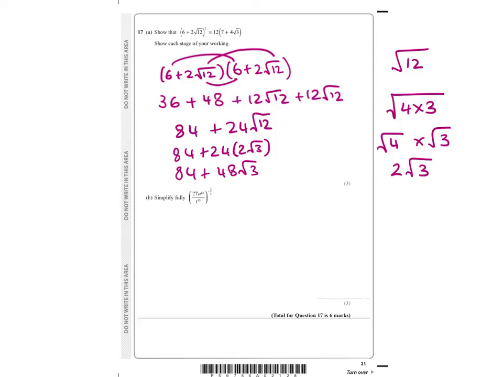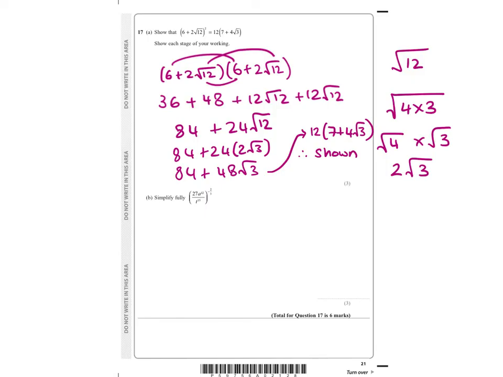Now in the question it says we need to take out a factor of 12. If I take 12 out, I get 7 plus 4 root 3, which is correct. Therefore, shown. It's really vital that you show each of these steps. You need to show that root 12 can be rewritten as 2 root 3 by using these steps here. Perfect.